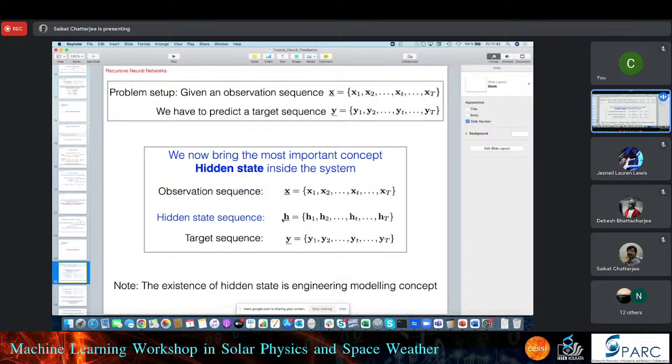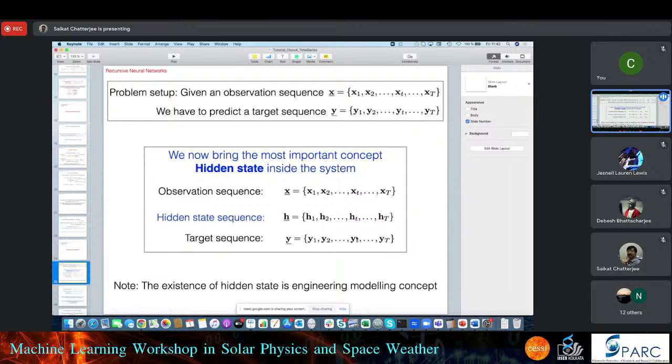So this is the hidden state sequence, H bar: H1, H2, up to H capital T, and there is a correspondence. That means X1, H1, Y1, X2, H2, Y2, and so on, XT, HT, YT. So it is written one after another.